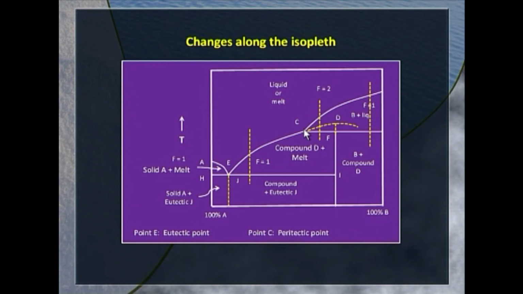That means the compound makes its appearance. The system becomes a three-phase system. Solid B, which was separating out in equilibrium with the melt, and the compound makes its appearance for the first time. Now it becomes a three-phase system and the system is invariant. The temperature becomes constant. It is the peritectic temperature, and now temperature can decrease only when one of the phases disappears.